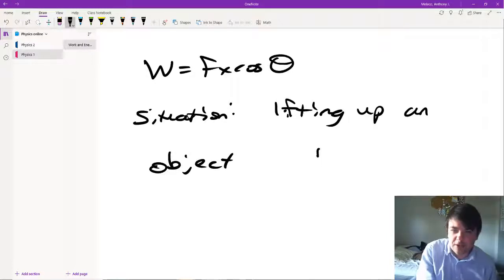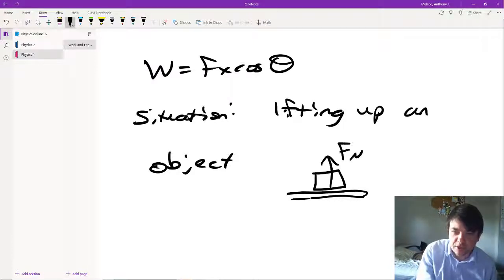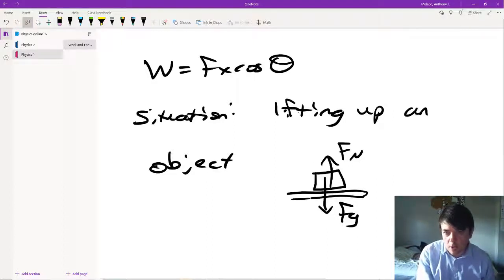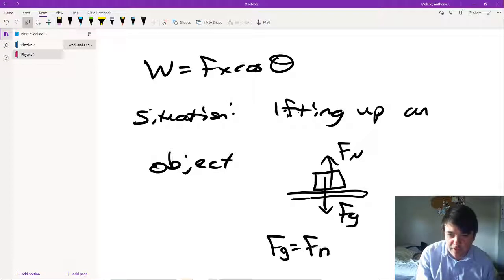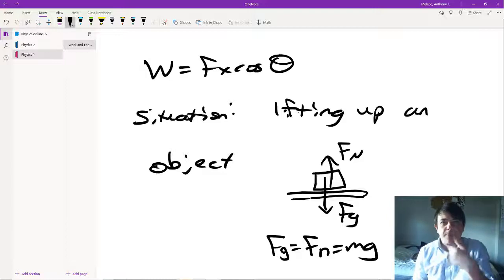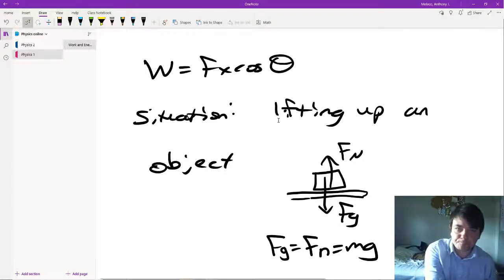If you look at the free body diagram of that, let's just say you're lifting something up. So you've got Fn pushing up and gravity pushing down. It's not accelerating, you're just moving at a constant rate. So in this case, Fg equals Fn equals mg. If you're moving at a constant rate, they're perfectly balanced, in equilibrium.